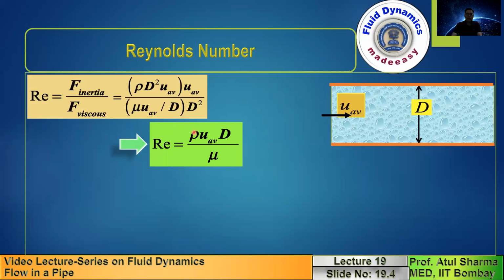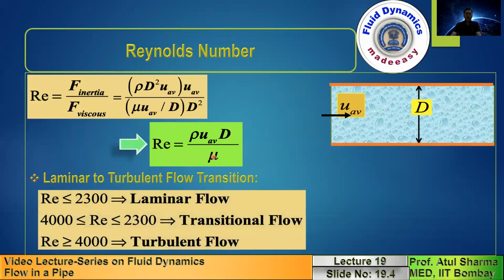This is the ratio of the inertia force and the viscous force, called the Reynolds number, and it is expressed in terms of the product of density, average velocity, which is the characteristic velocity scale, and the characteristic length scale, divided by mu.